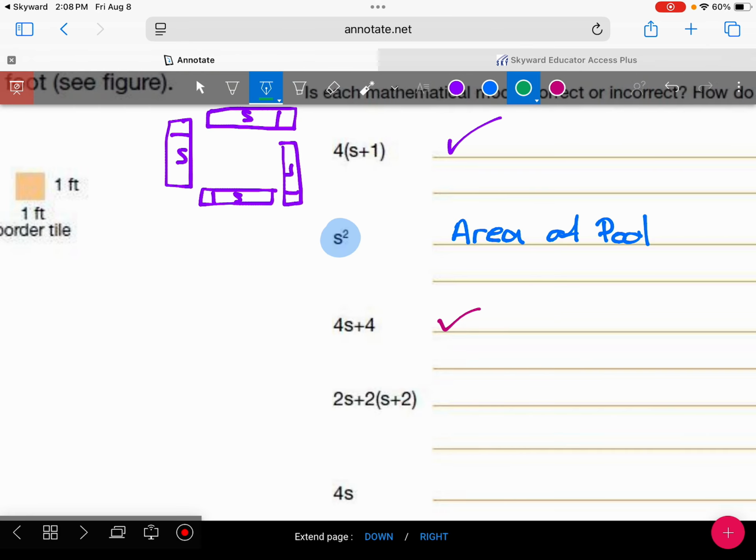So this one has our S plus 2 and our S plus 2. And then it'll have on the sides another S and another S.